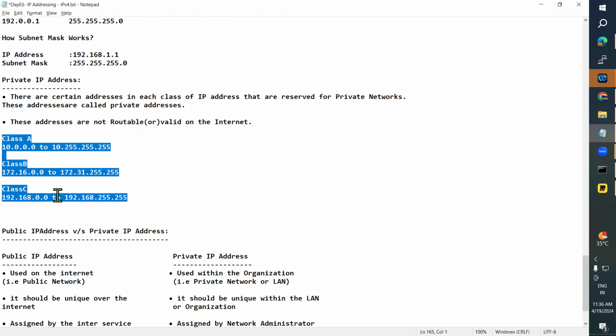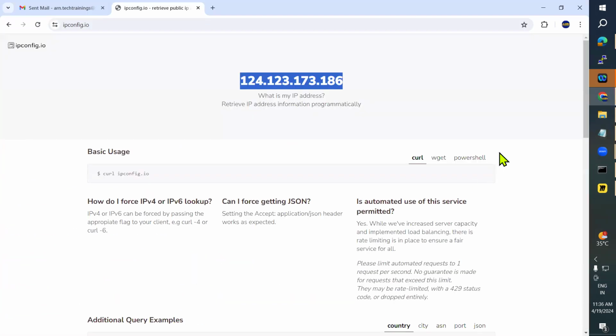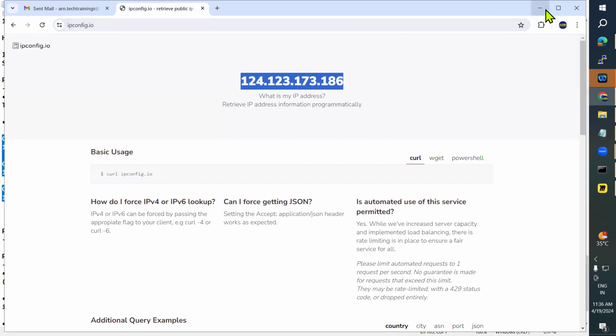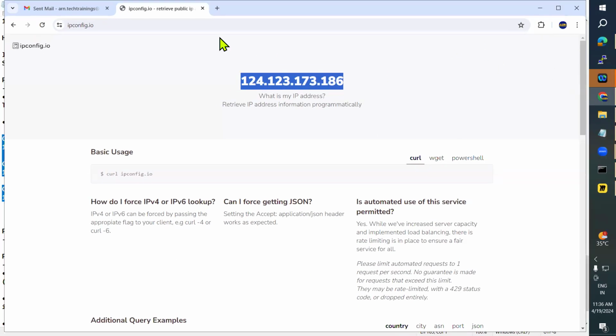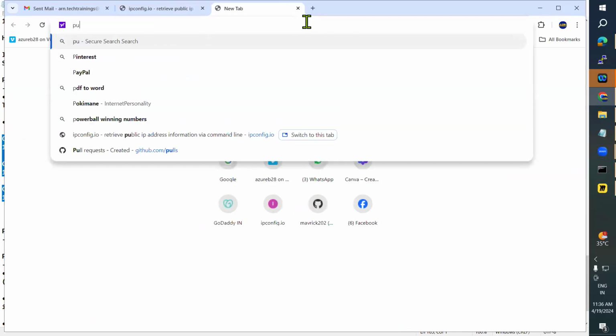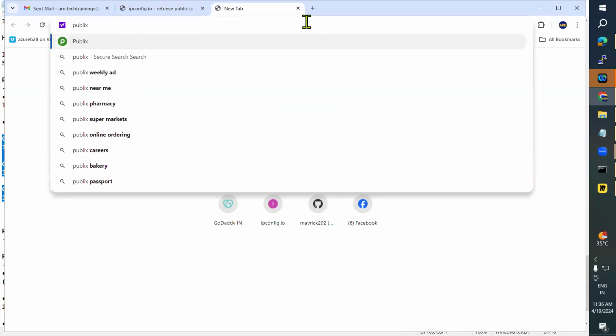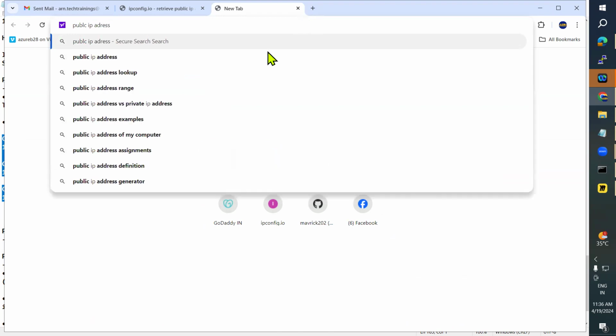You can simply say, for example, public IP addresses.